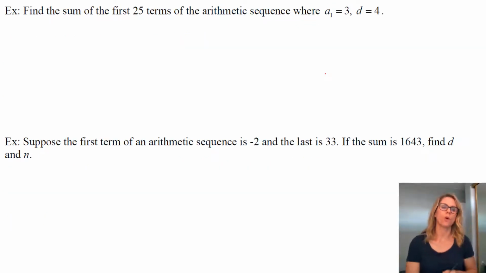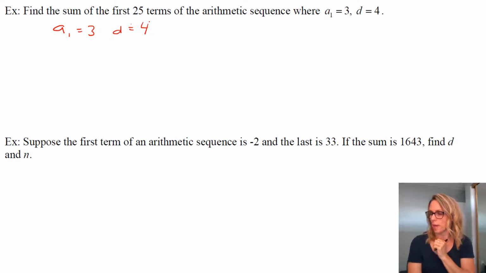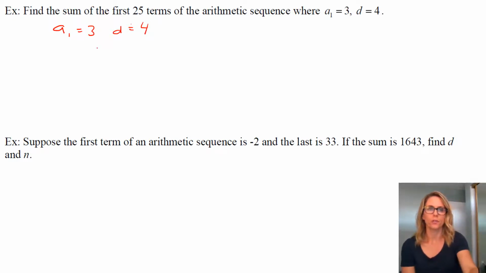So let's take a look. Find the sum of the first 25 terms of the arithmetic sequence where a sub 1 equals 3 and d equals 4. So if you take a look up at your text box, you'll see that your job is to find the sum of the first 25 terms, so S25. If you look at your options, one of them requires n, which you have, and a sub 1, which you have, and d, which you have.